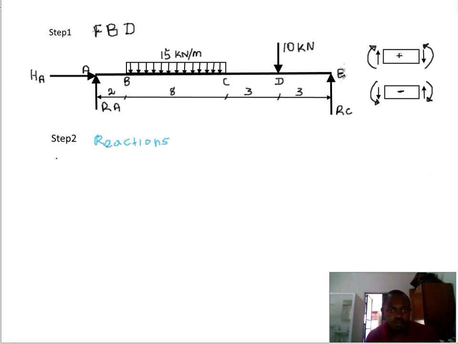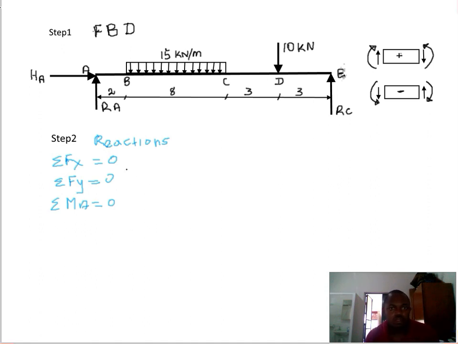That will be the sum of forces on the x-axis equal to 0, the sum of forces on the y-axis equal to 0, and the sum of moments. In this case, we are going to take the moment at A equal to 0. So these are our 3 equations.